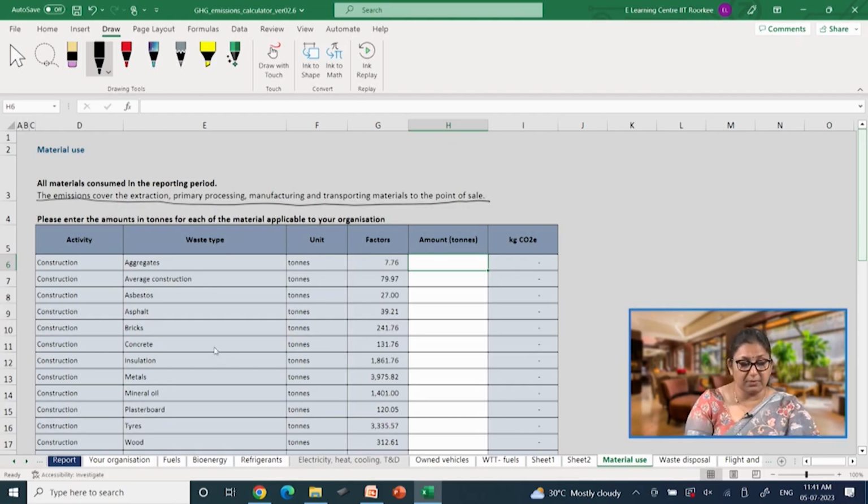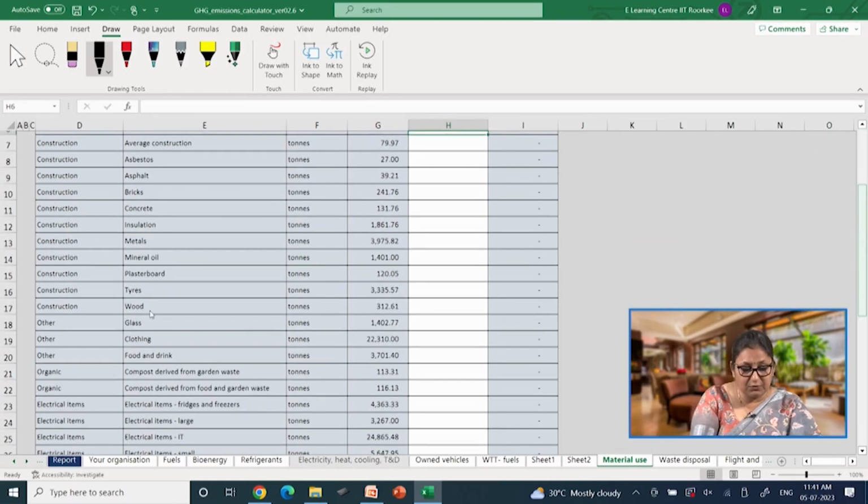Here we are talking about the different types of materials that are going to be consumed, including extraction, processing, manufacturing and transportation of these materials. For example, wood as a material: extraction, procuring it from the forest, processing it if it is processed, and then transporting it to the point of sale. All the emissions related to that are accounted for here.